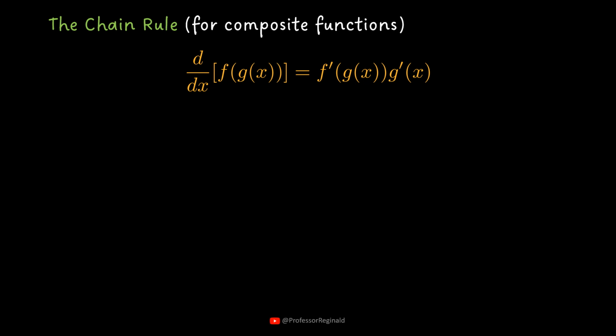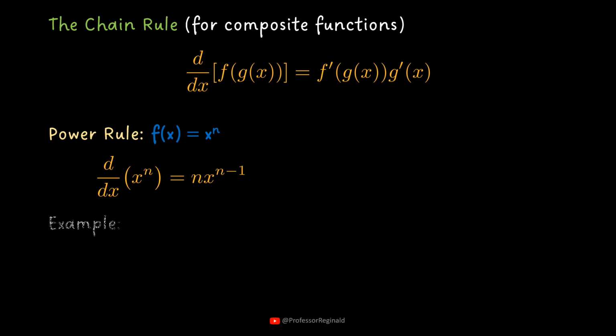The following examples show when to apply a basic differentiation rule and the corresponding chain rule. The power rule for x raised to a real number n is n times x raised to n minus 1. As an example, the derivative of x squared with respect to x is equal to 2x.